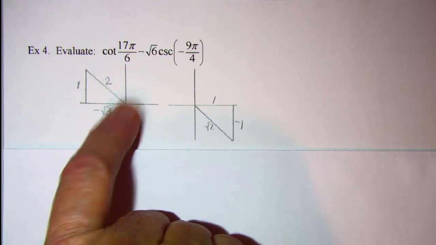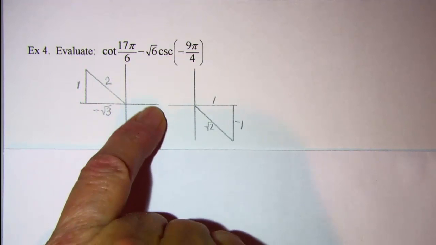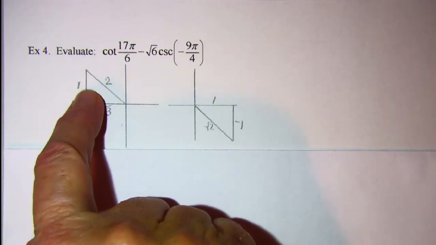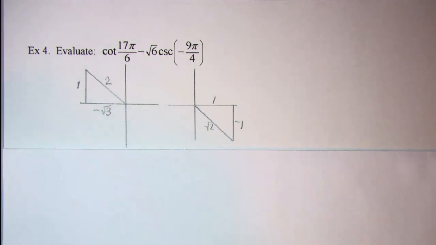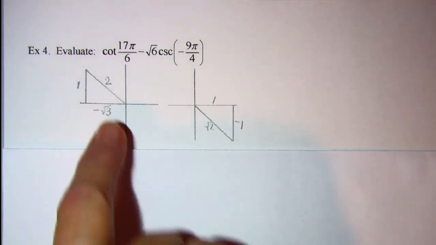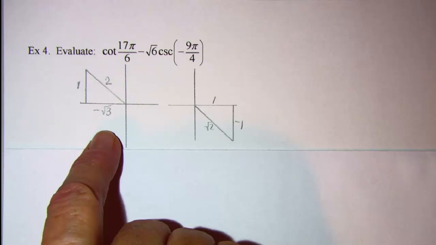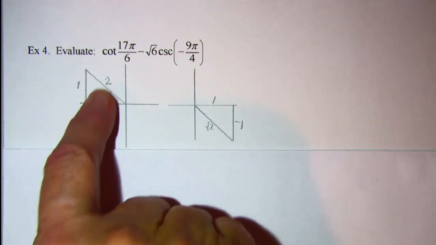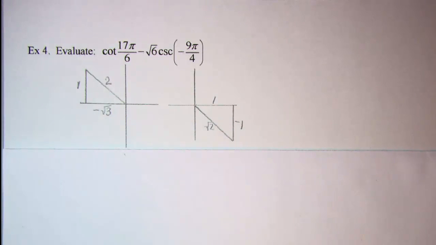So we can think of that as 1, 2, and then 5/6 is going to put me in quadrant 2 with a reference angle of 30 degrees. If my reference angle is 30, the side opposite is 1, the side adjacent is root 3, and the hypotenuse is 2. Remember that this one is negative because it's to the left.